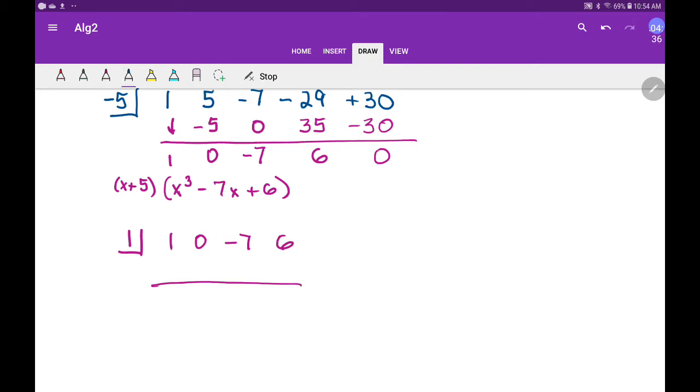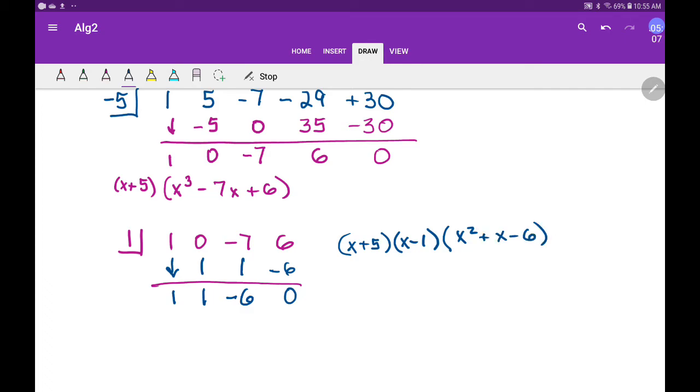Let's see what we get. 1 comes down, times 1 is 1, plus 0 is 1, times 1 is 1, plus negative 7 is negative 6, times 1 is negative 6, and I get 0. So now I can write this x plus 5 that I had before, and now x minus 1, because I had a positive 1. And then the leftovers: x squared plus x minus 6.